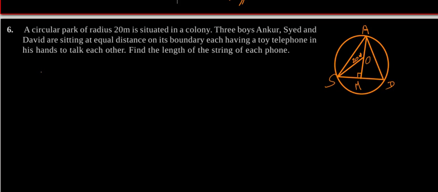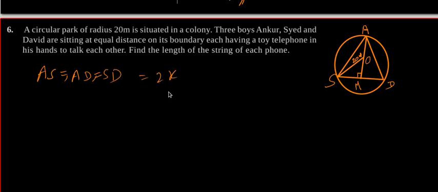That means we have to find the length of AS, AD and SD. They are sitting at equal distance, so they are equal: AS equal to SD equal to AD. If we consider this length as 2x, then we need to find what 2x is.